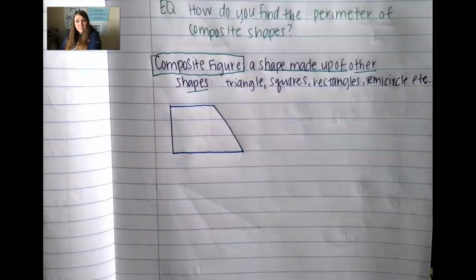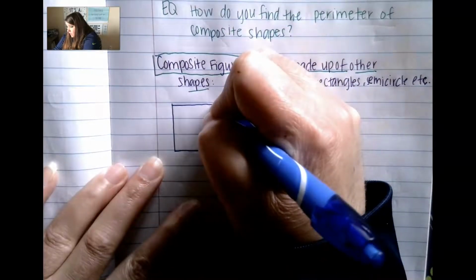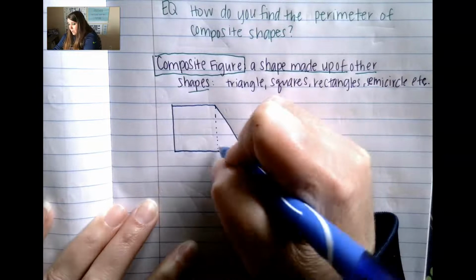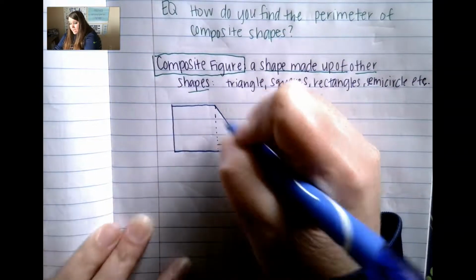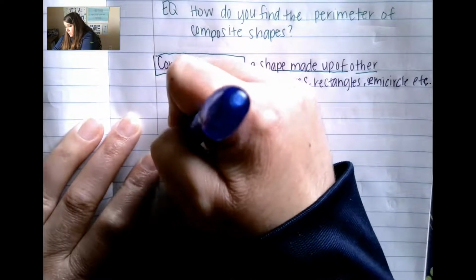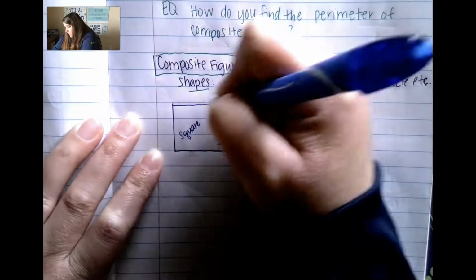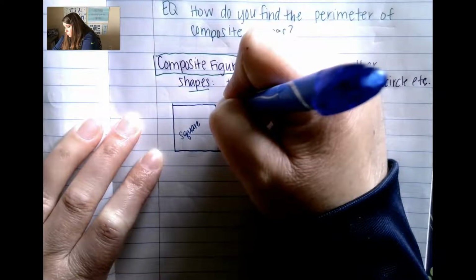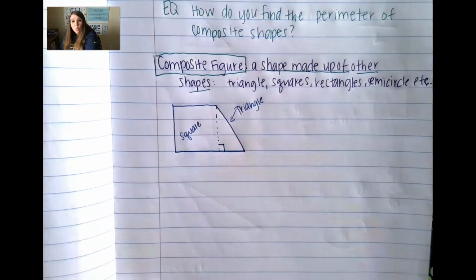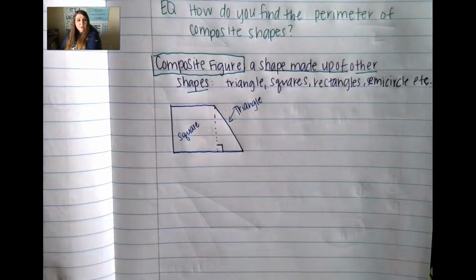It's composite because if I draw a line right here, it is made up of a triangle and a square. So it's made up of a square and a triangle. And that is how I get the whole entire figure.